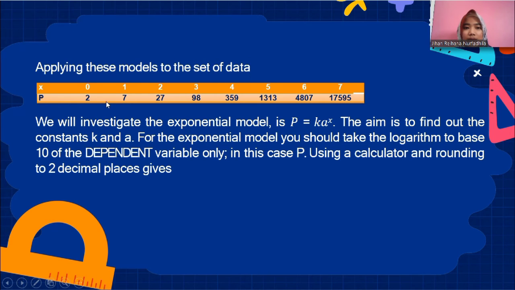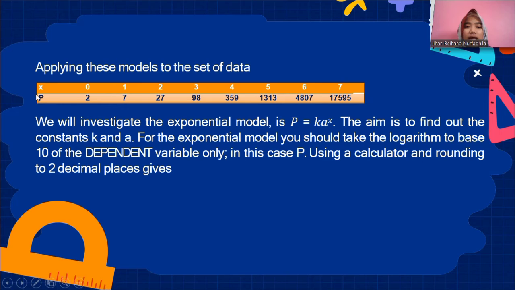Here we have data to apply this model. Here we will investigate the exponential model, P equals k a to the power x. The aim is to find the constants k and a.